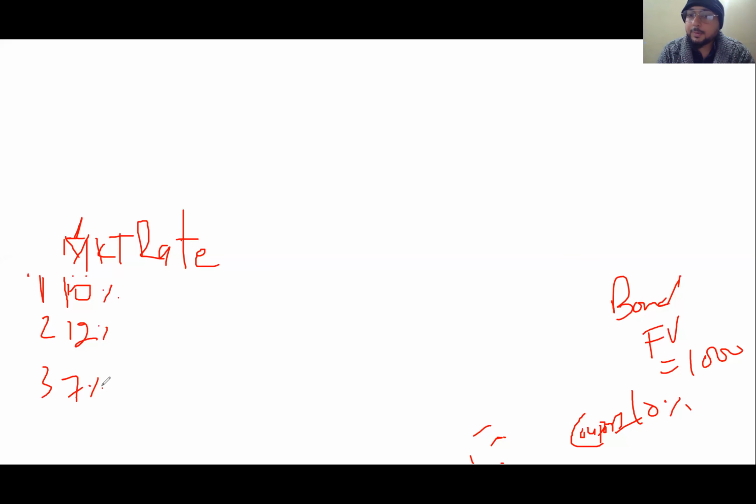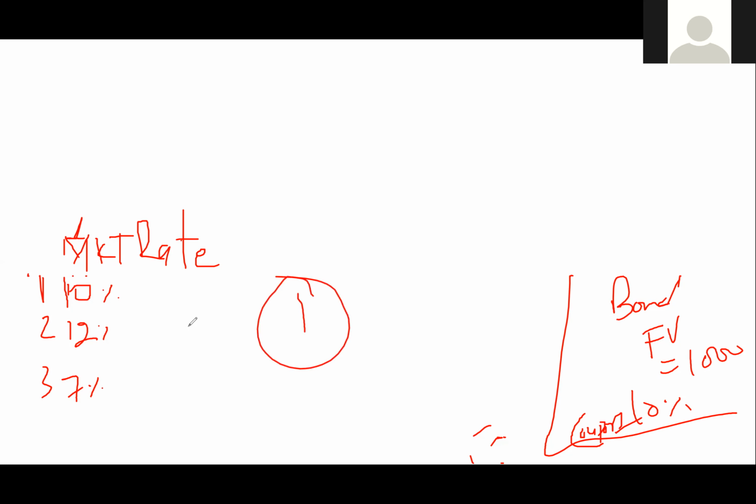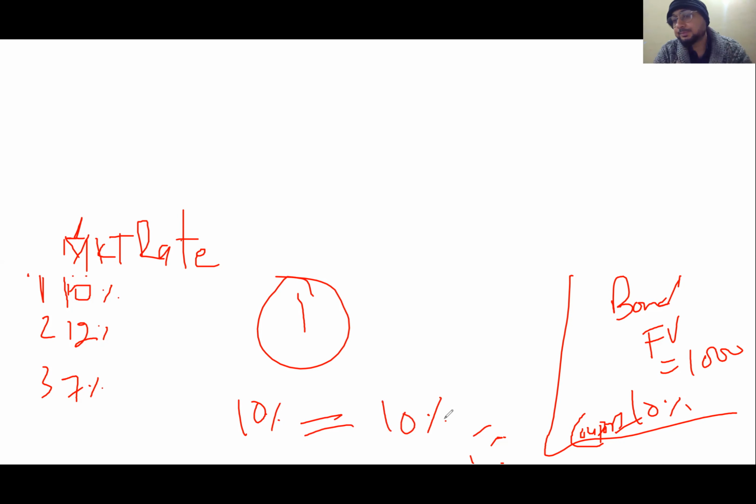Look at scenario one. The market rate is 10%, and the bond is also giving you 10%, right? So both are getting the same. Those saving their money with the bank get 10%, and those loaning to the company also get 10%.